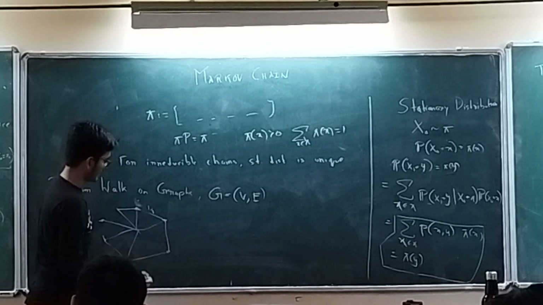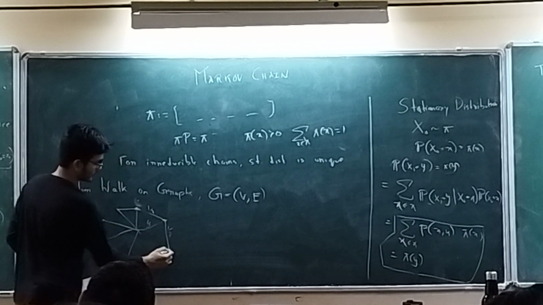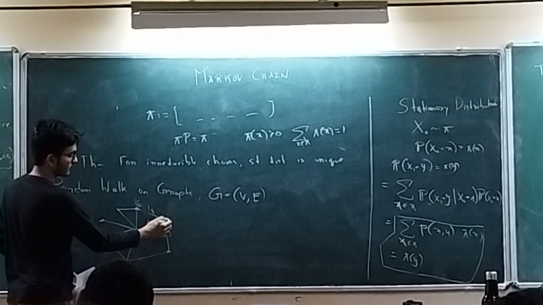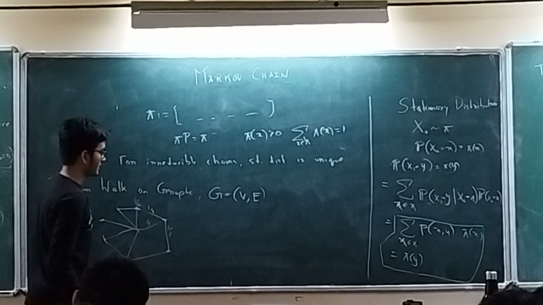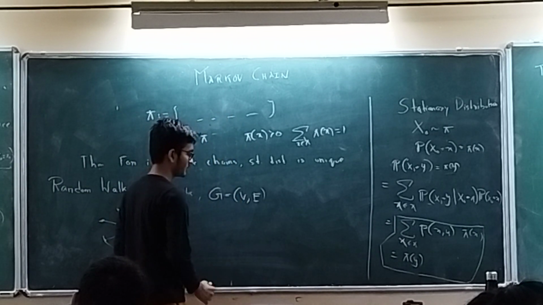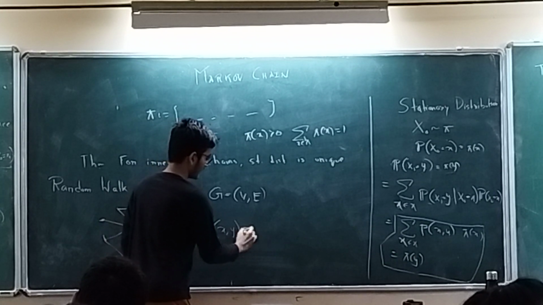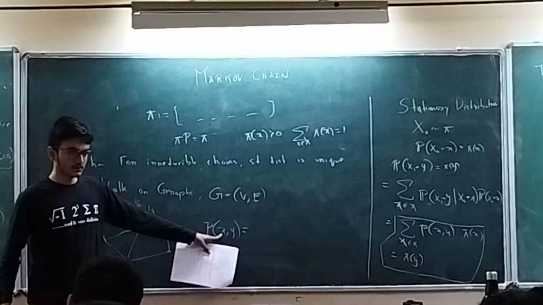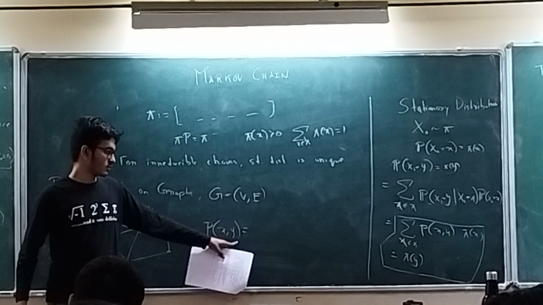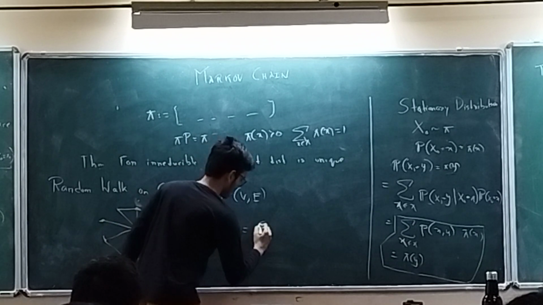And he can move here with 1/3 probability, and here with 1/3 probability. If he moves here, now he has 1/2 probability of going back here or he can move here. Once I describe this, the transition matrix becomes easy to write. So if I am at x, what is the probability that I will go to 1? 1/3.